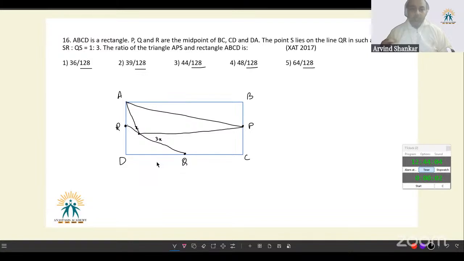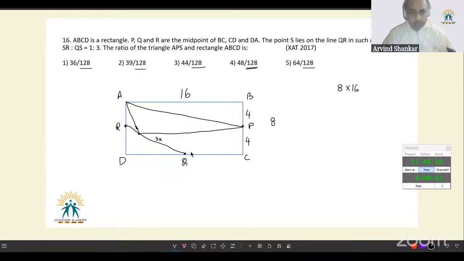Let me take two side dimensions, AB and BC, the length and breadth, two numbers that multiply to give me 128. The two numbers I took were 8 and 16. The smaller side being 8, the longer side being 16. This is 16. This whole thing is 8, which means this is 4.